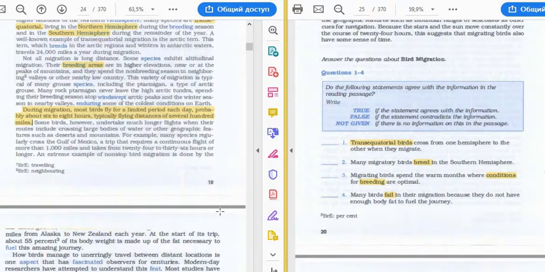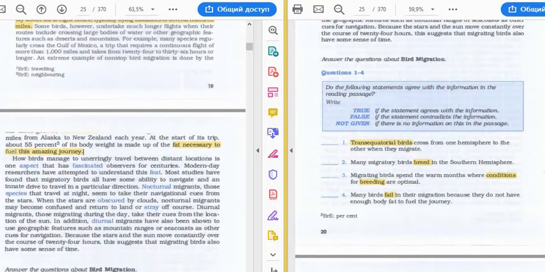So we just scan, and here we can find something about falling of them, and by the end of the paragraph we can find something about the fat, the necessity of fuel to overcome the journey, and that's all. The last paragraph doesn't contain anything about that.